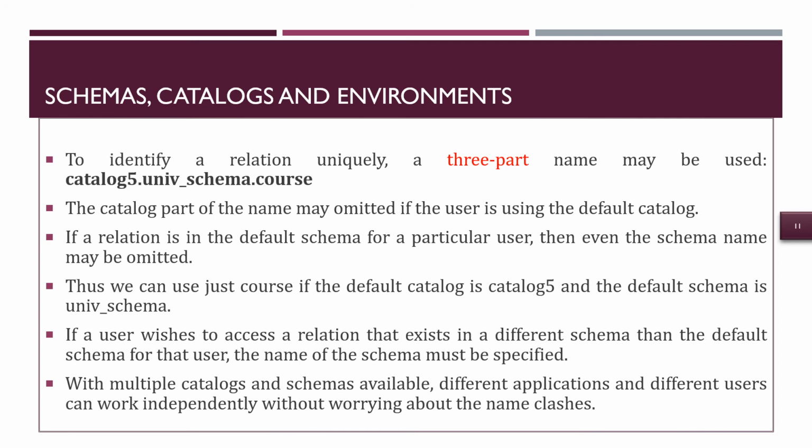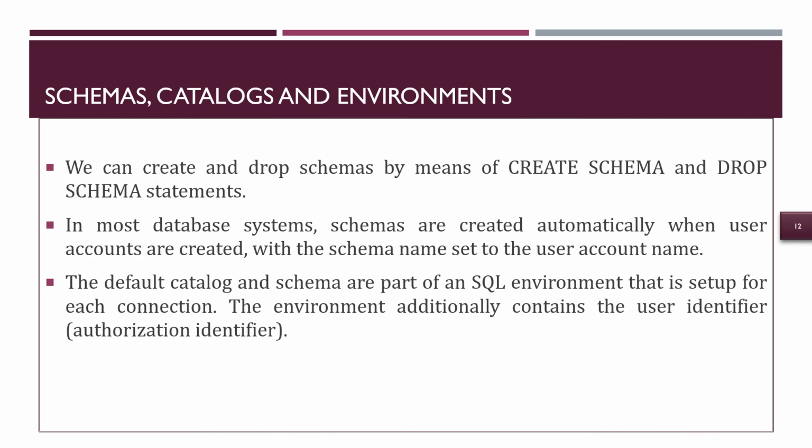With multiple catalogs and schemas available, different applications and different users can work independently without worrying much about name clashes. We can create and drop schemas by means of create schema and drop schema statements.